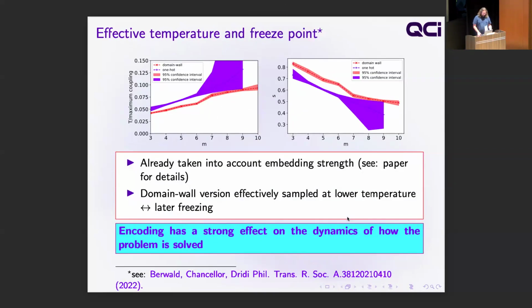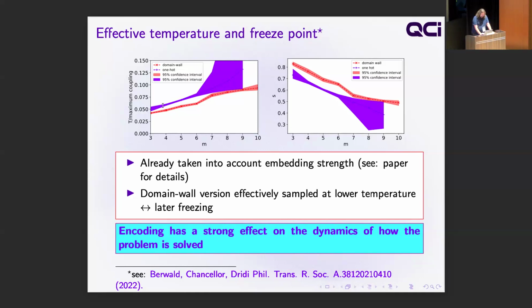And we can measure the freeze point and the effective temperature. The details of this, I'm not going to go through here, but basically what we did is we fit the distribution to a thermal distribution. We know the schedule of the device. From that, we can back calculate when it is frozen, at what value of S it is frozen.